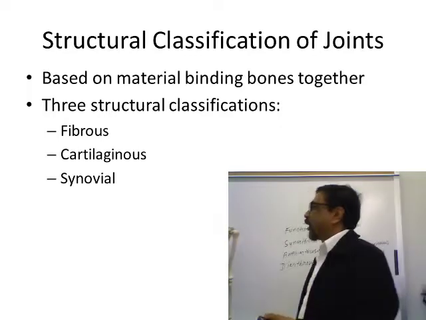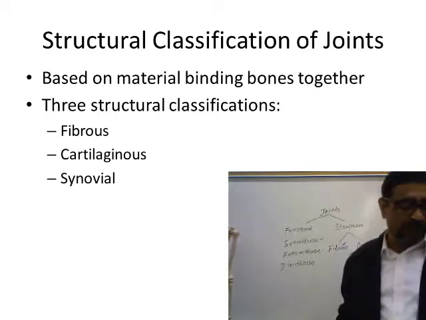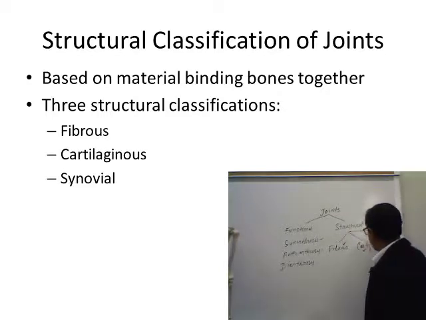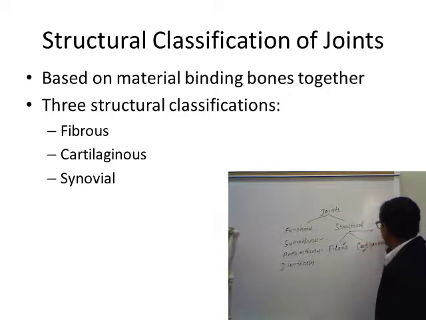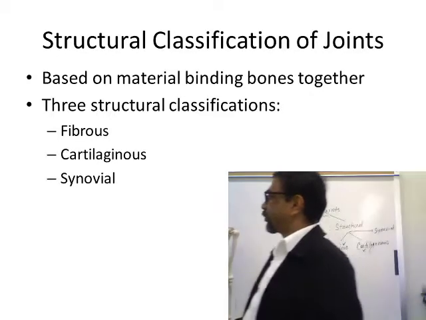So, in fibrous, fibrous connective tissue, and in cartilaginous, cartilages hold the bones together. There is another type that is called synovial, most common type. Okay. So those are three types of structural classification.